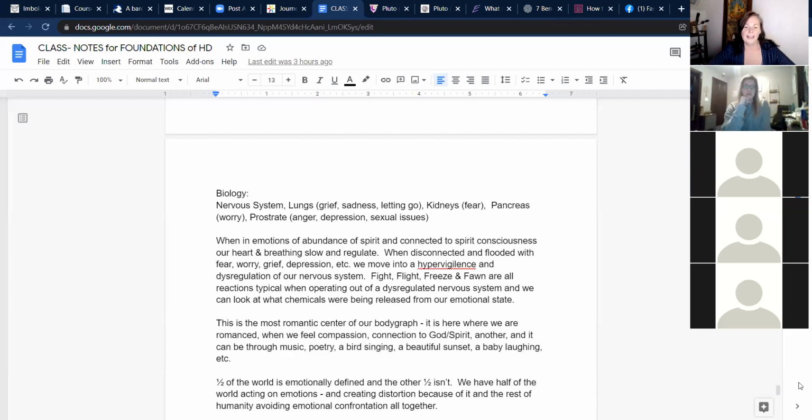So I like to say that this is the most romantic center in our body graph. That's just me. Because this is truly where we are romanced, where we can feel compassion, where we're connected to spirit and God, and to another person.